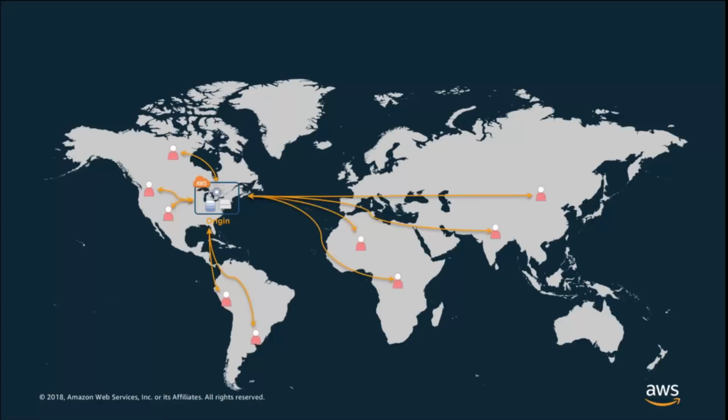But as soon as you have more and more users trying to access the origin, especially when they are coming from distant parts of the world, the performance, the page load times the users are going to see is going to really vary, right? But as a web application owner, you want to make sure all your users, irrespective of where they are, get the same high user experience.